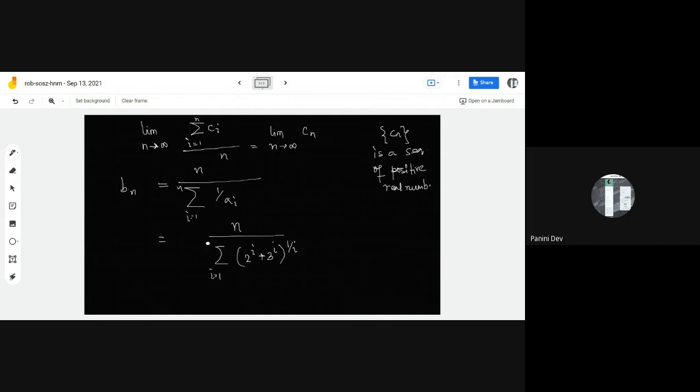By simplifying, we have 3 times the summation of 1 plus 2 by 3 whole to the power i, to the power 1 by i, i equals 1 to n.